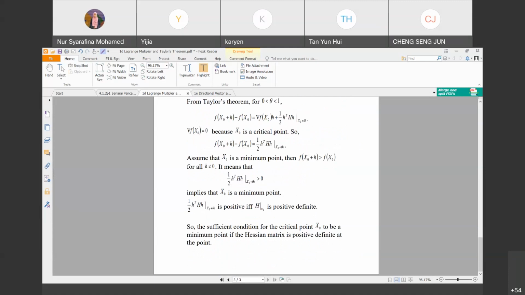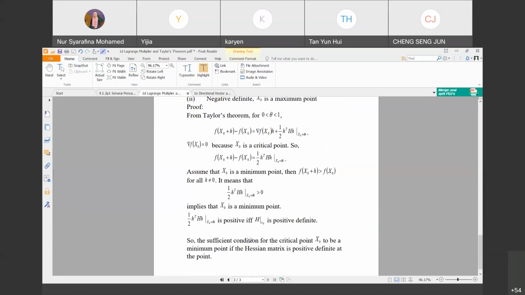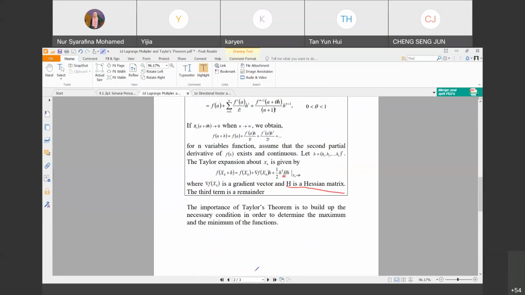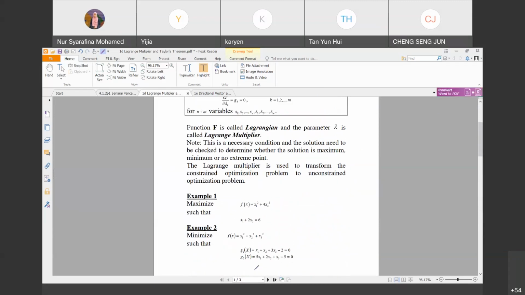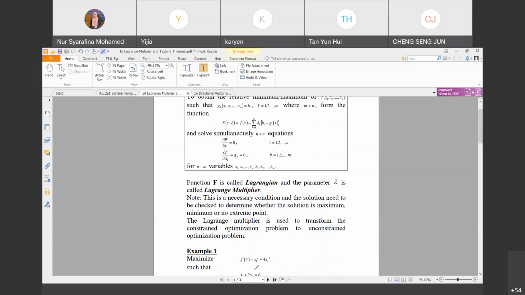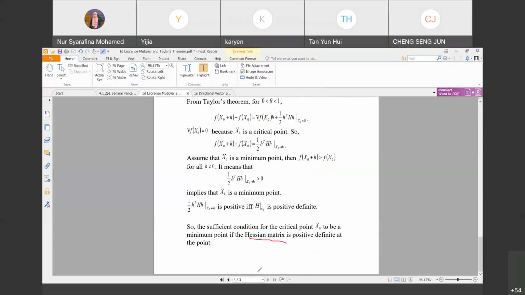So this is the proving process. The sufficient condition for the critical point to be a minimum is if and only if the Hessian matrix is positive definite. So how can we identify the Hessian matrix? Just like we have done previously. This is only an extension of the theorem that we have discussed earlier. Is that clear, everyone?